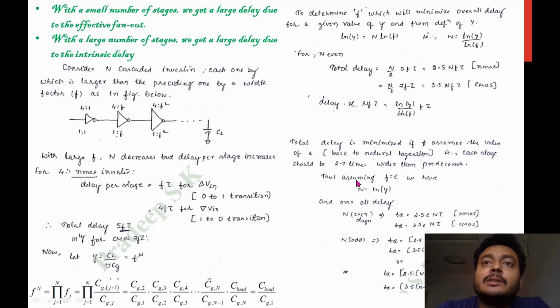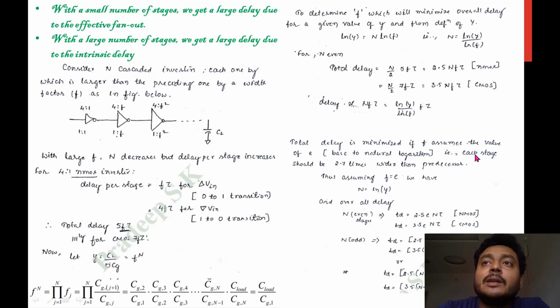If we replace f with e, we get the overall delay. For even stages, we know that 2.5 into n f tau, with f replaced by e. Similarly for odd stages, we'll have 2.5 into n minus 1 plus 1 e tau for NMOS, for input transitions, from 0 to 1 and 1 to 0.